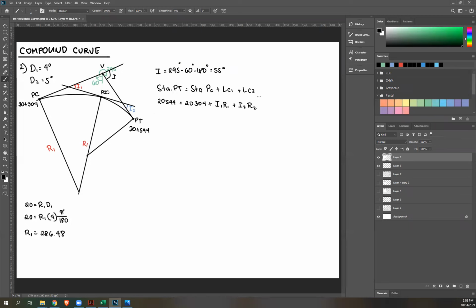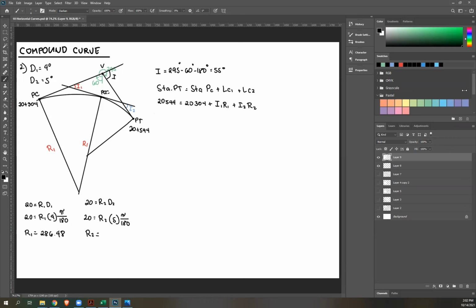So now let's solve for R2 using this same concept. So 20 equals R2 D2. So 20 equals R2. D2 is 5 degrees, but once again, we have to convert that to radians. So let's do that. And then please solve what's R2.